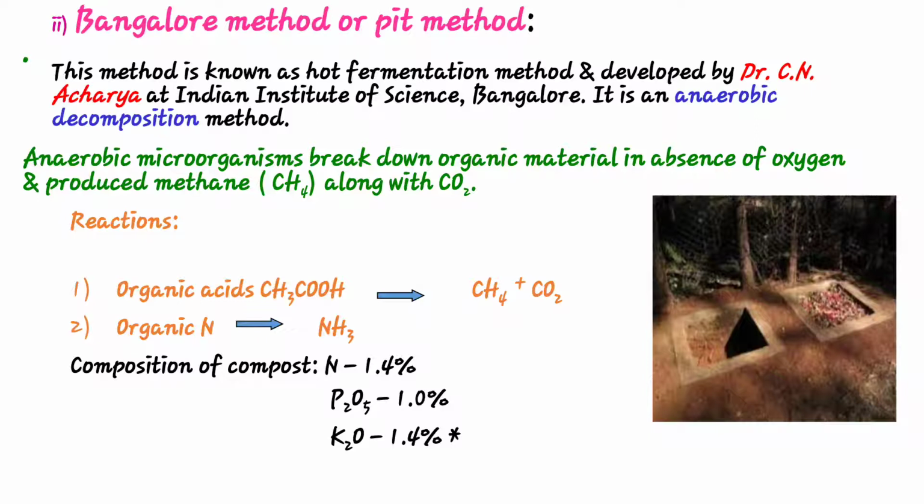The composition of Bangalore method compost is nitrogen 1.4%, phosphorus 1%, and potassium oxide 1.4%. Now see step by step how to fill the trench.